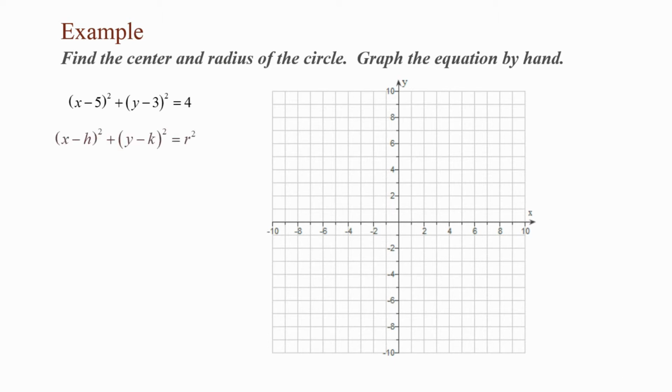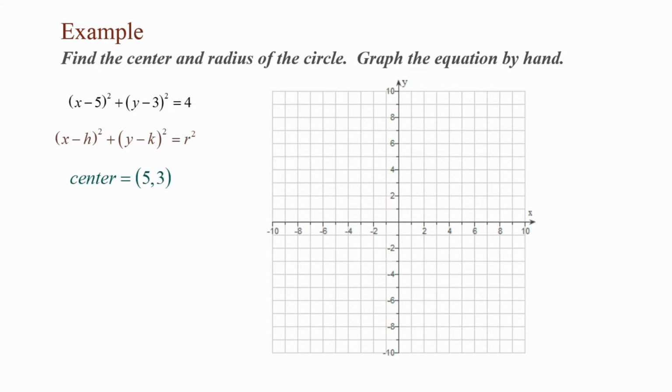So we have (x minus h) squared plus (y minus k) squared equals r squared. Since I have x minus 5, I match that to x minus h, so h has to be 5. I have y minus 3. In my formula, it's y minus k, so k has to be 3. My center is (5, 3).